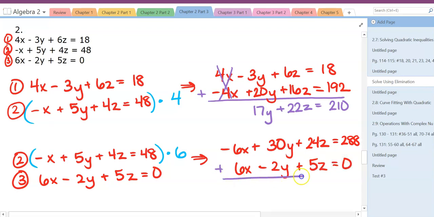And then we add. So we're going to have 28y plus 29z equals 288.